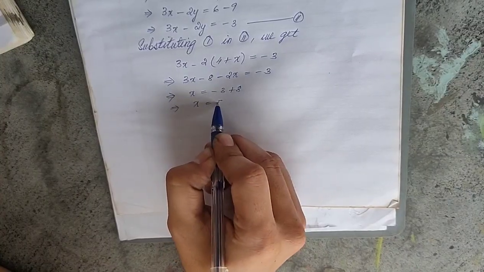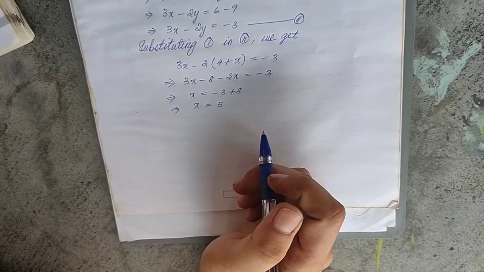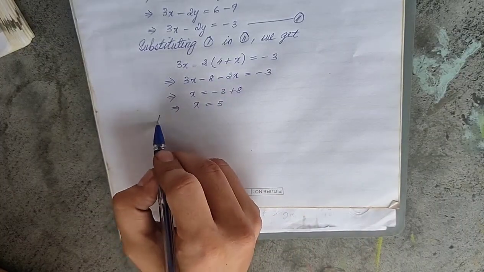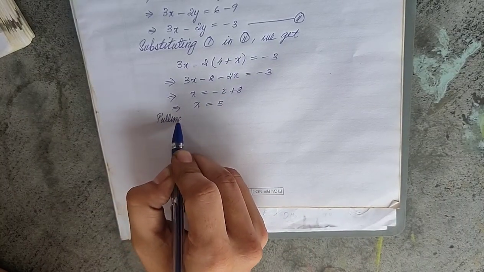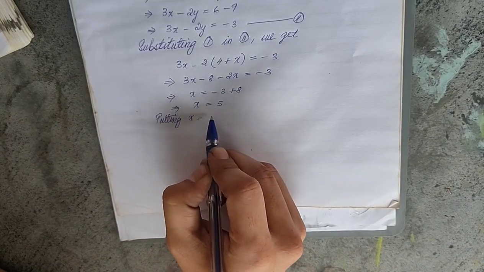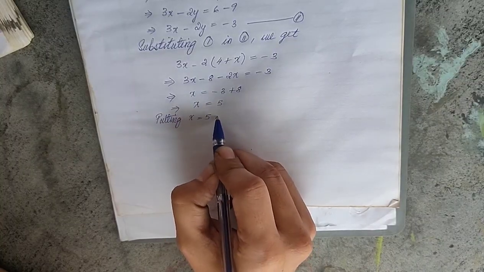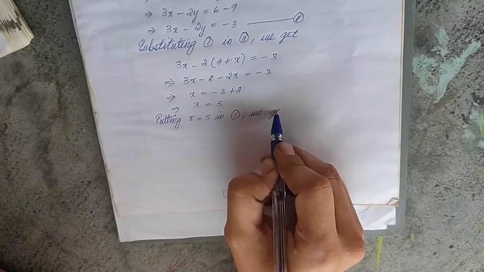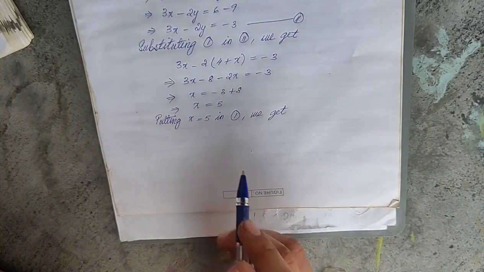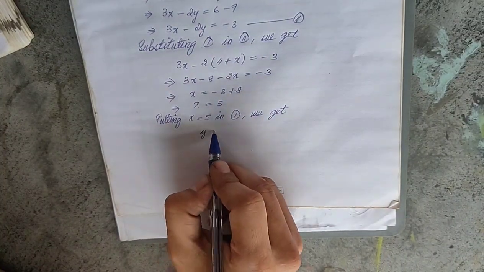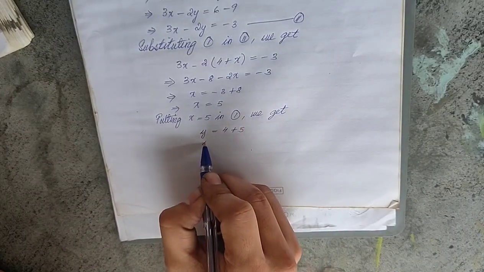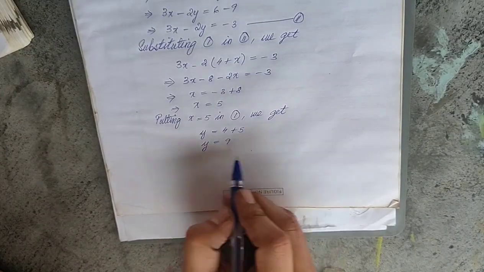So x equals 5, the numerator is 5. For the denominator y, putting x equals 5 in equation 1: y is equal to 4 plus x, and x is 5, so y is 9.